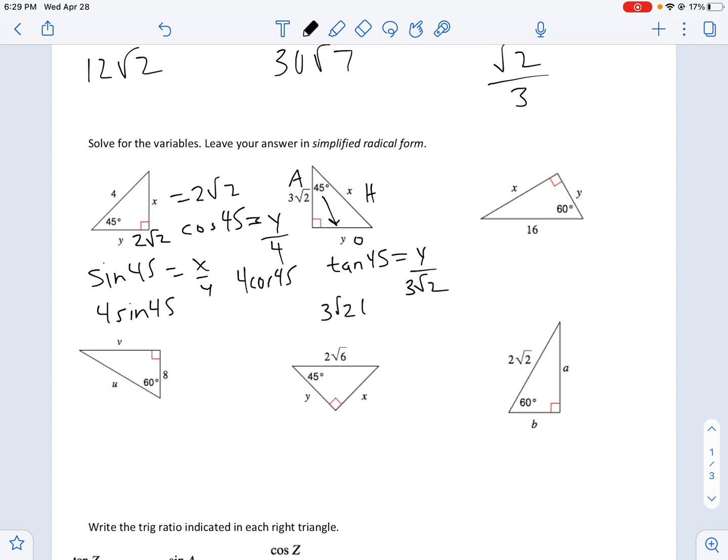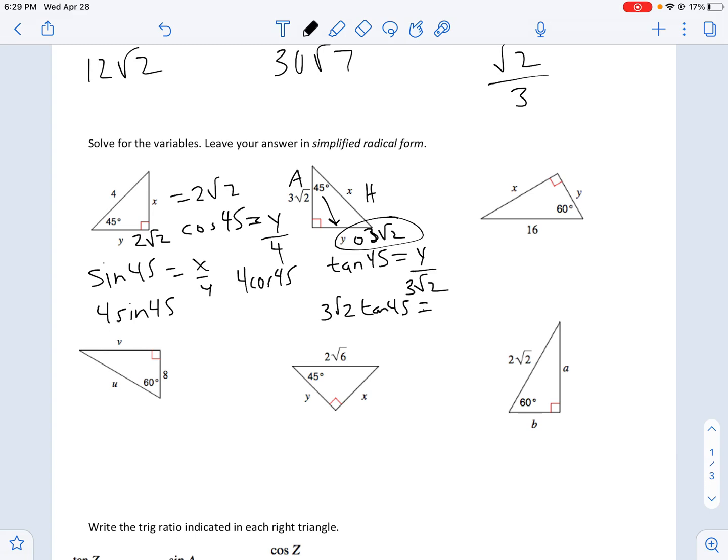So we get 3 square root of 2 tangent 45. So this one's going to be fun to put in. 3 square root of 2 tangent 45. Believe it or not, 3 square root of 2. Now, I want you to remember that this isn't the only way we can solve them, but this is the main or least complicated way, I suppose.